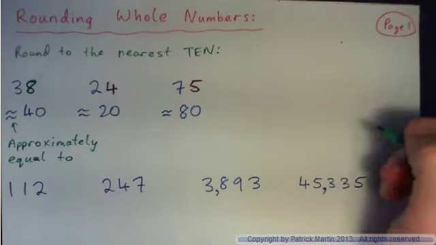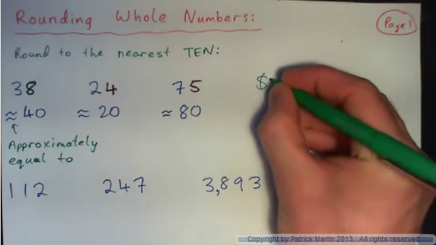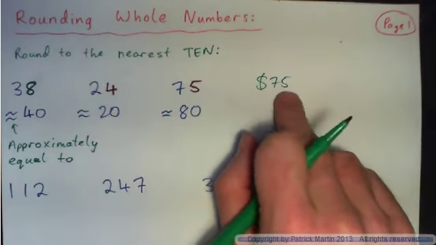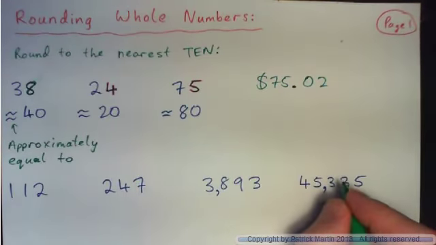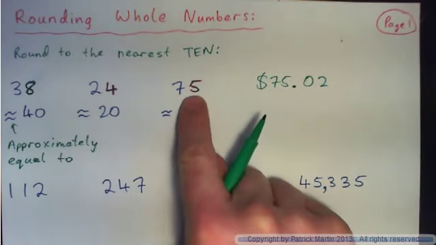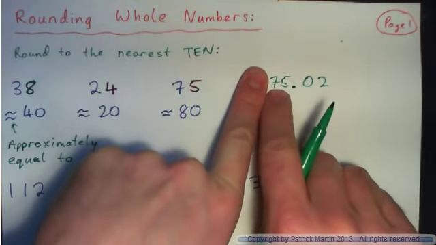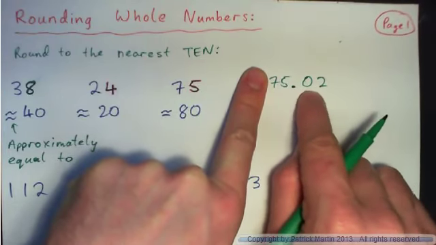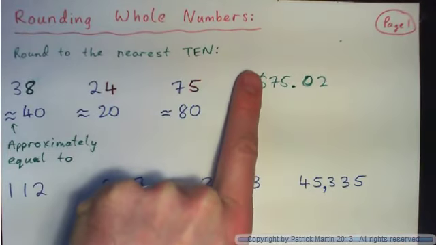Now the reason for that, I'll tell you why, is because in real life lots of numbers are already rounded. This could represent, say, $75, but it could actually be that the number was originally $75.02. So when in real life you're given the number 75, it may often represent something like 75.02, which you would think should round up to 80, because there's this 0.02 at the end of it.